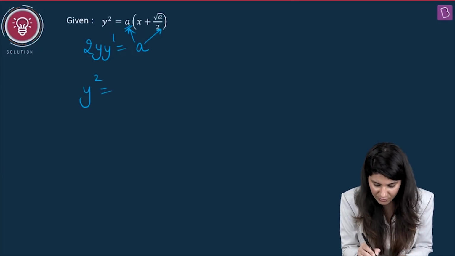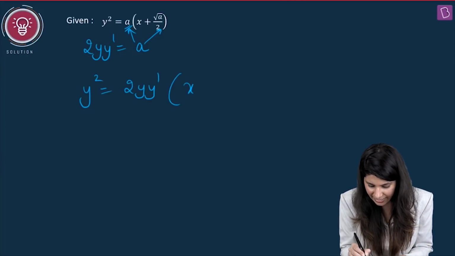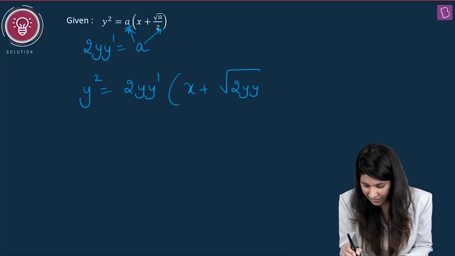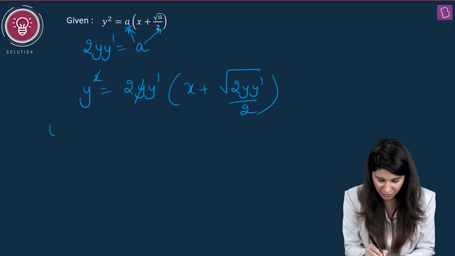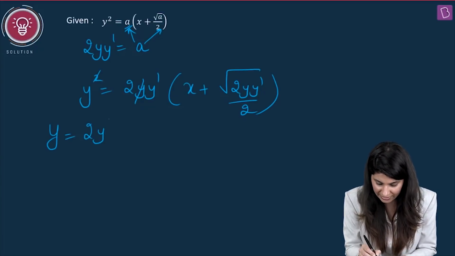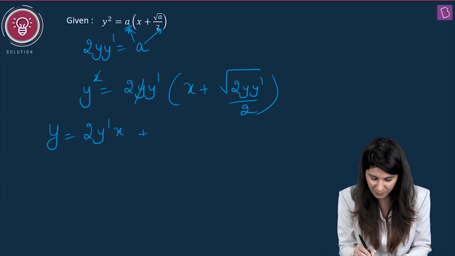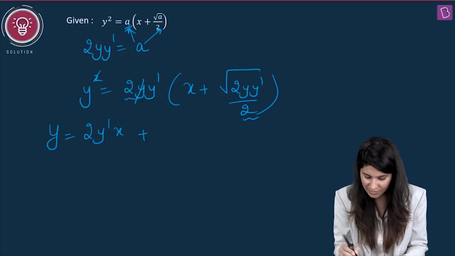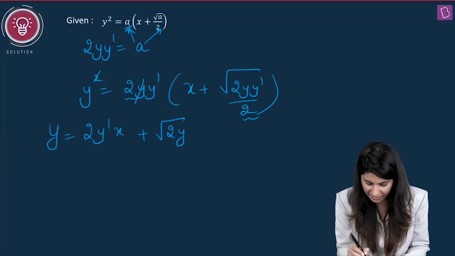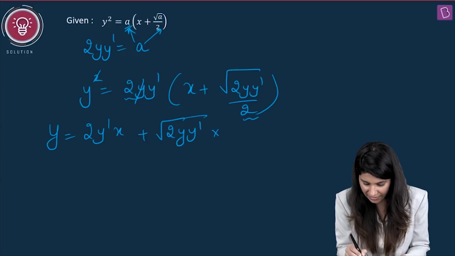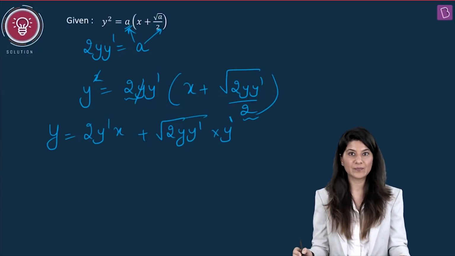So y square equals to 2y dash x plus square root of 2y dash by 2. Let's just multiply it. Y cancel. First of all, y equals to 2y dash x plus, we have this 2 and this 2 gone. So we have root 2y dash, and outside this y dash as well.